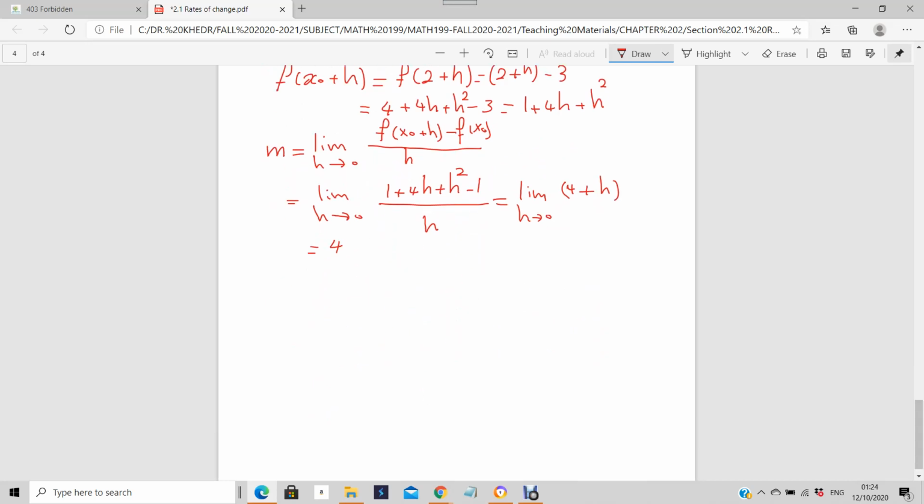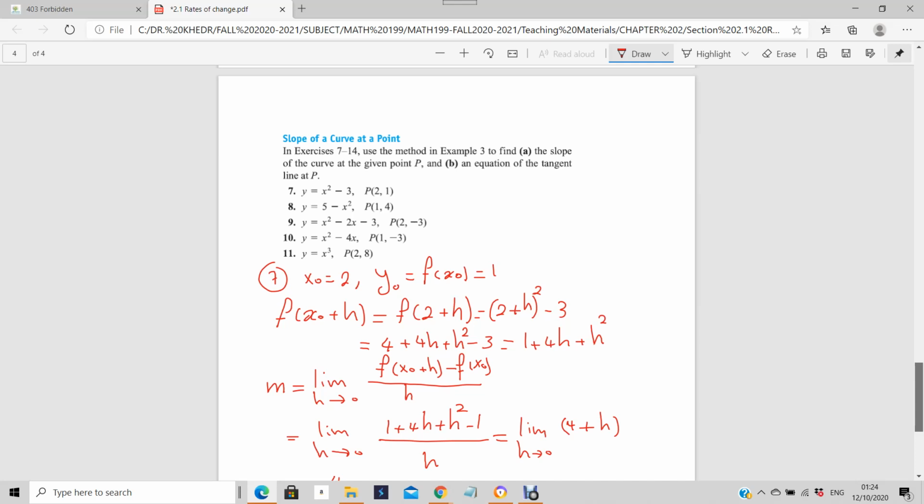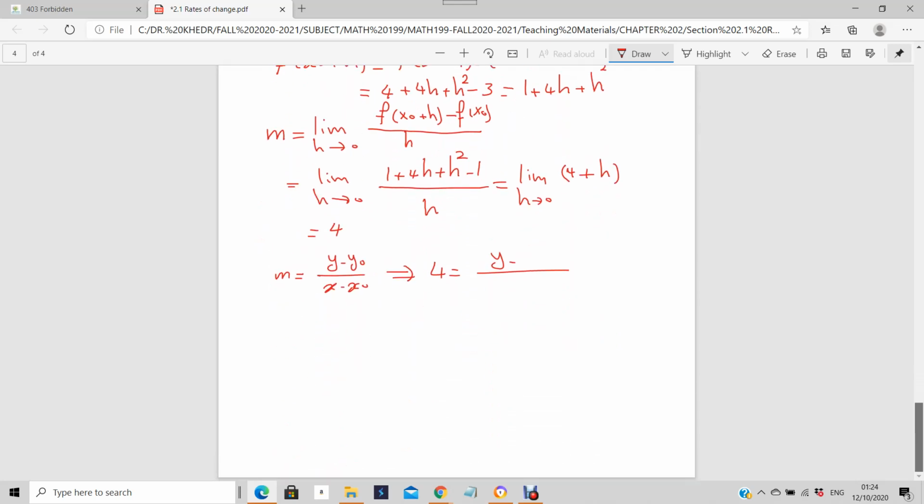So again, you have to find the equation of this tangent line. We have to use this formula, m equals y minus y0 divided by x minus x0. So here m is 4, y0 is 1, and x0 is 2. So 4 equals y minus 1 over x minus 2.